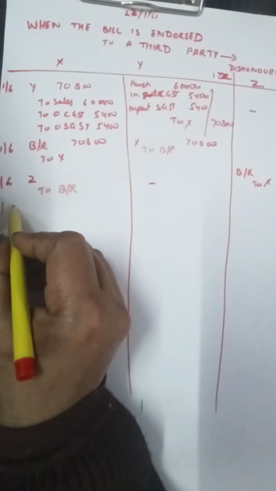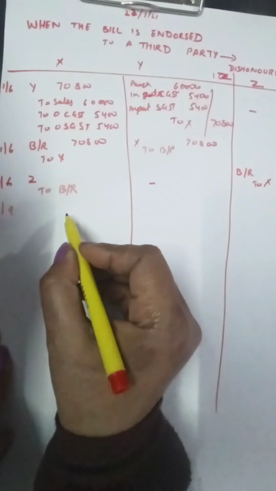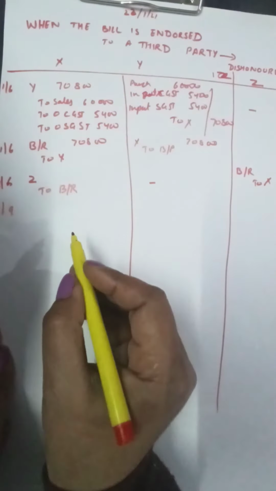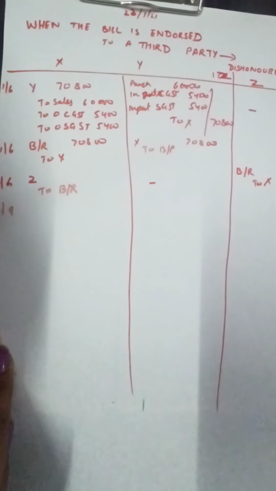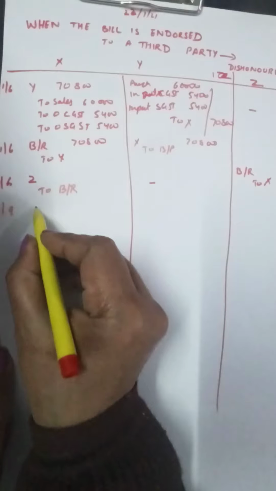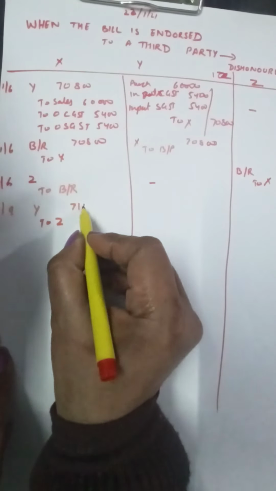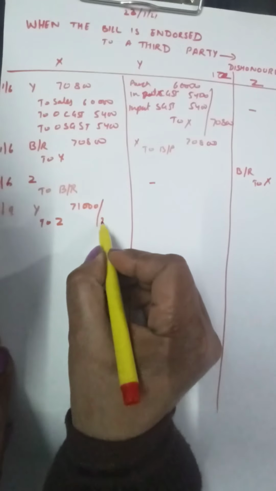Three months later, the bill is endorsed to Z. Y to Z, rupees 71,000.